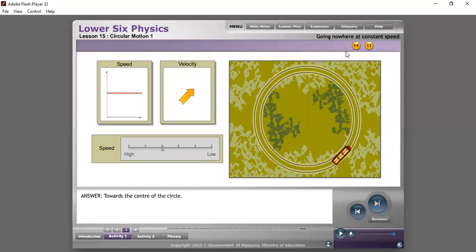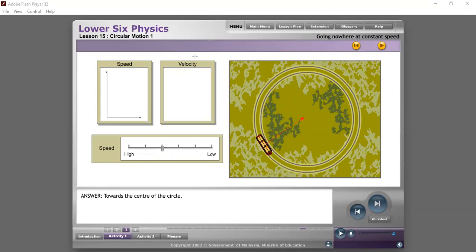So this means that when the train is moving in circular motion, there will be a force always pointing to the center, at 90 degrees.